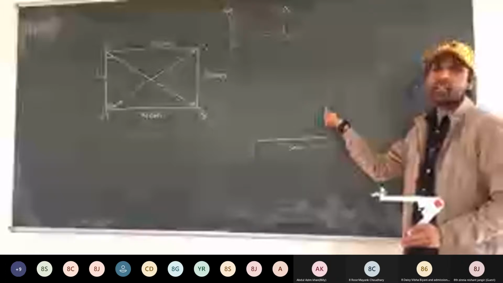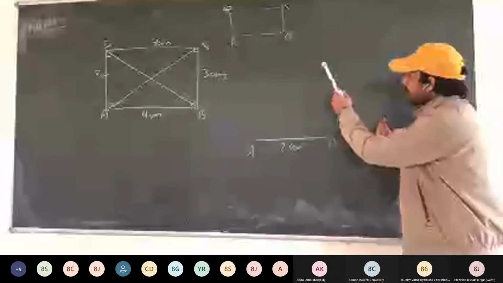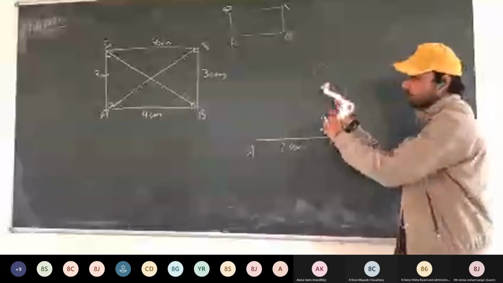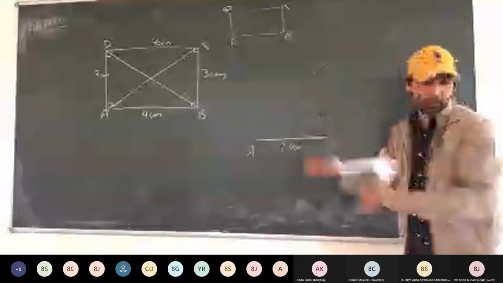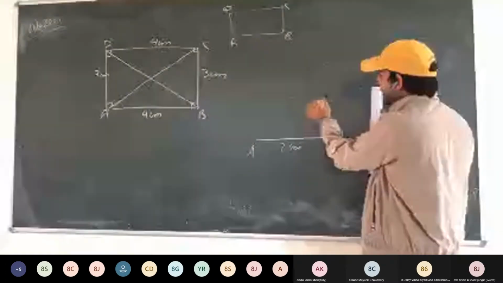So the second angle which was 60 degrees we have drawn, we can bisect that angle. We got 30 degrees. 60 plus 30, 90 degrees.